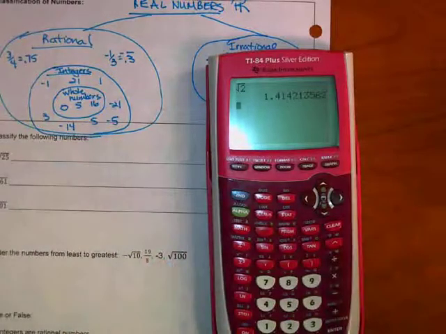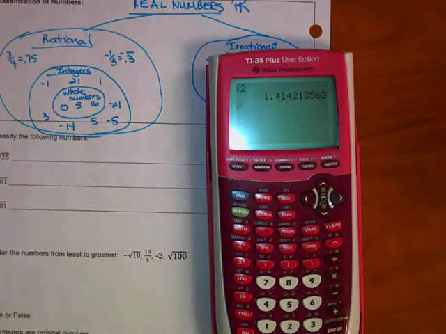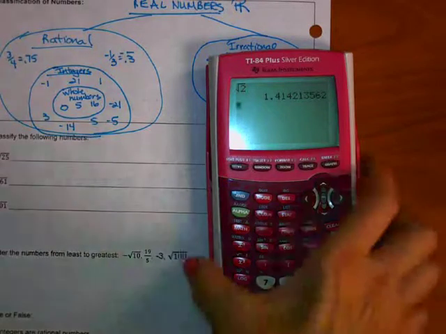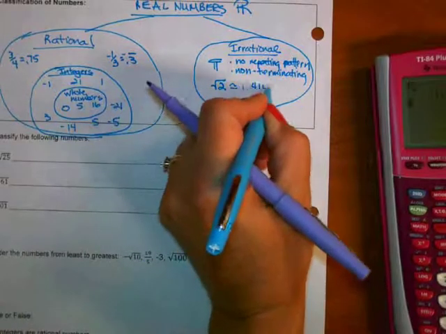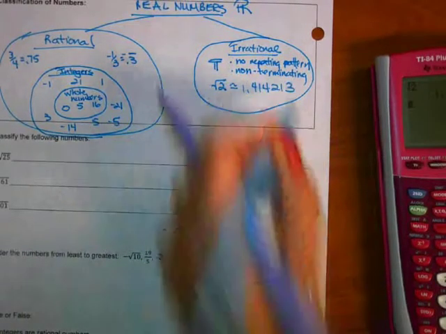Your calculator can only go a certain amount. It can't do all the numbers, can it? So if I've got all ten numbers here and I don't see any pattern at all, I'm going to say it's irrational. There's no pattern there, okay? So approximately 1.14213.